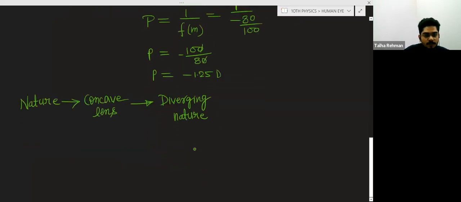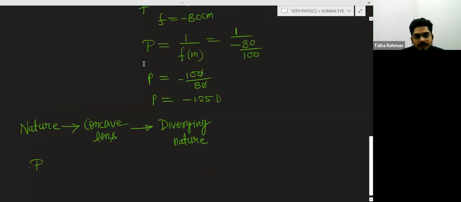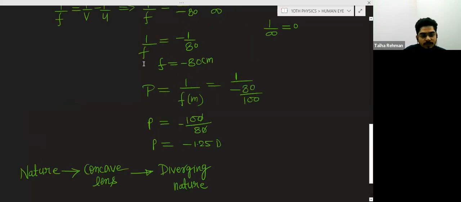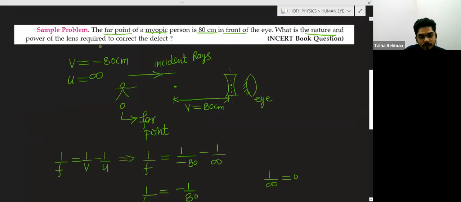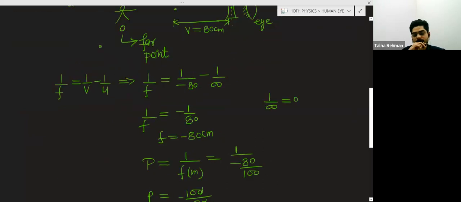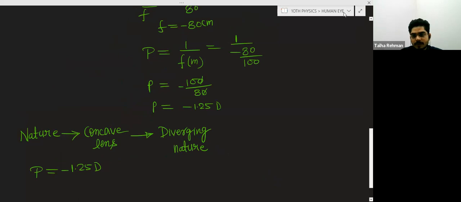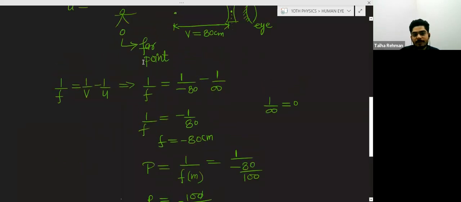And what is the power? Power of the lens required is minus 1.25 diopter. This is the power, and this is the correction for myopia.